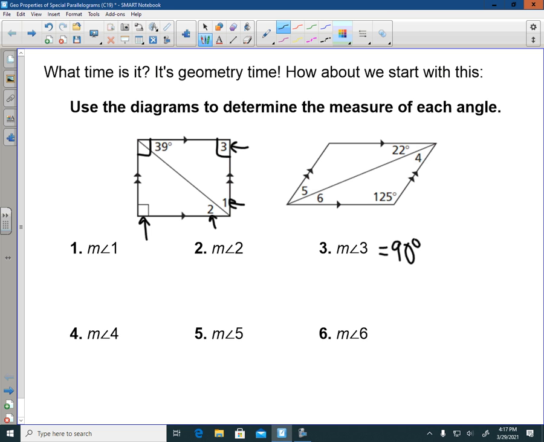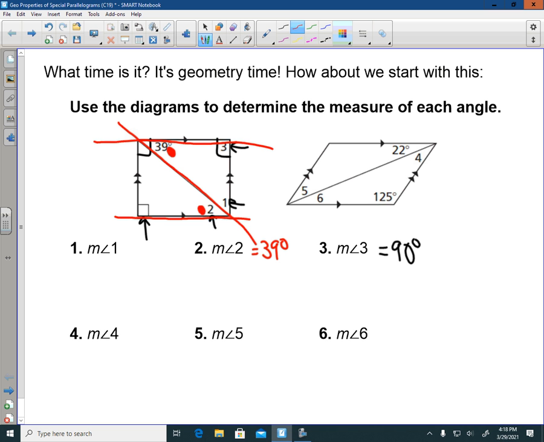Another thing we know, and this goes way back, is that if you have 2 parallel lines and a transversal, alternate interior angles are congruent to one another. That means that the measure of angle 2 is 39 degrees. Alternate interior angles on parallel lines are congruent, and so 2 is 39.